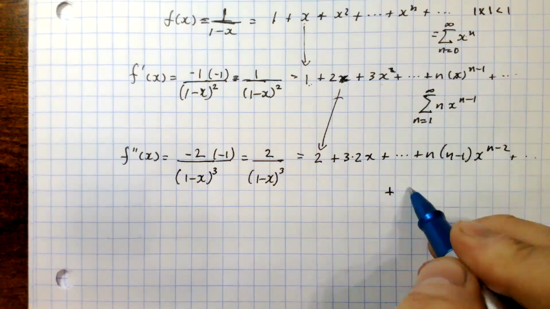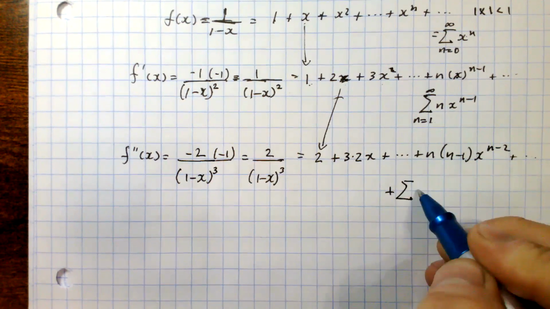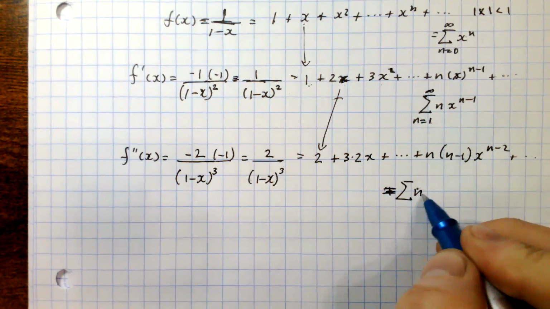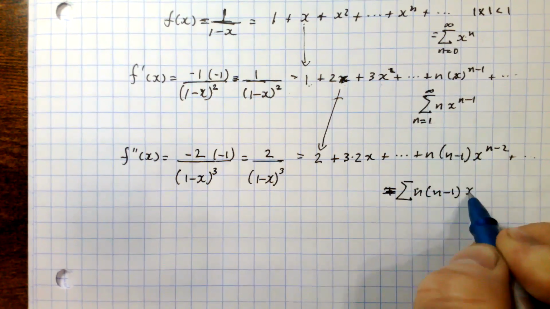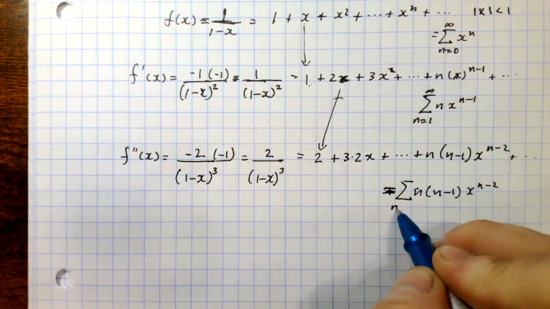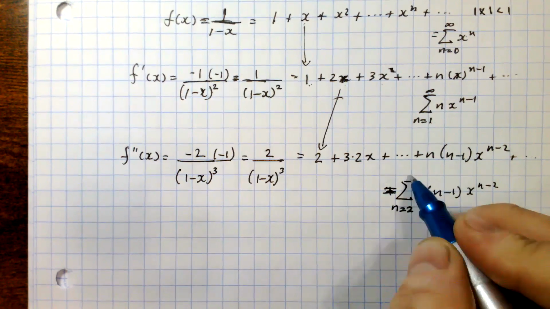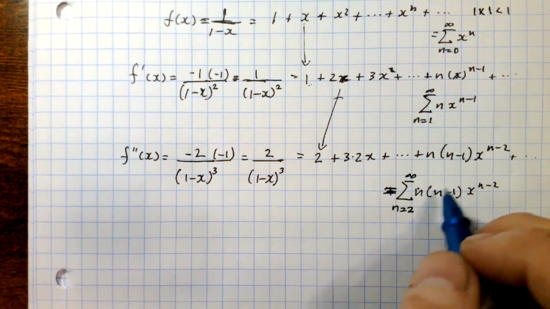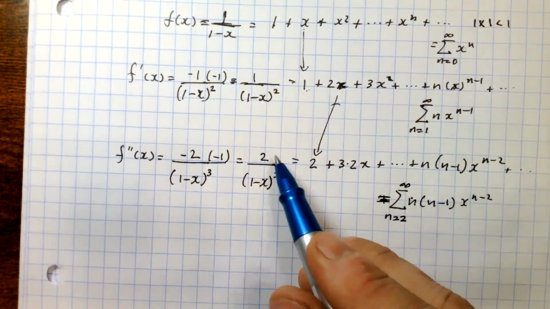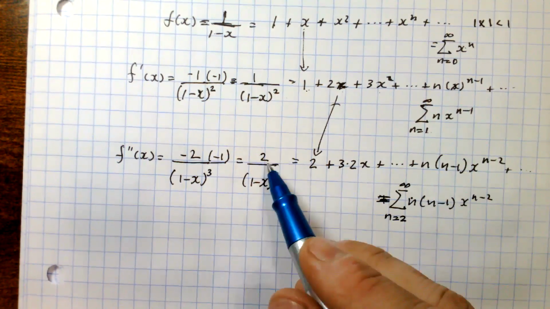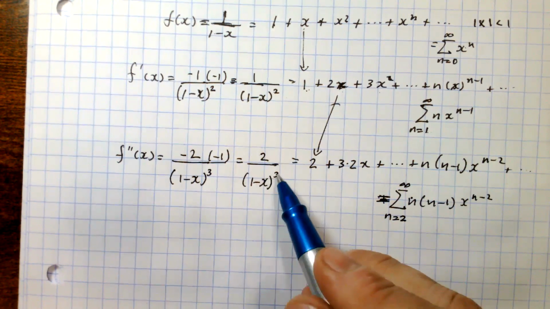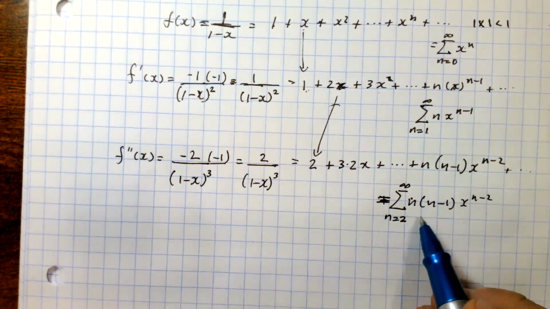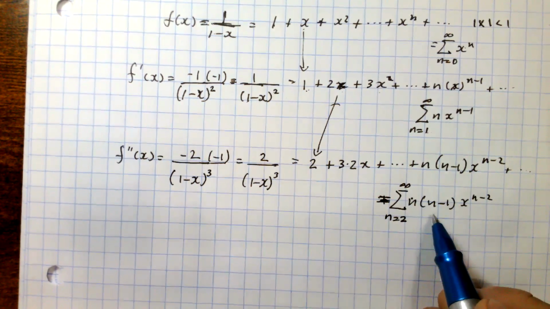So what does that look like for our nth term? Well, it's going to be the sum of n times n minus 1, x to the n minus 2, and now our series goes from n equals 2, because we've counted off 2 terms, to infinity. Okay, so notice here then that our second derivative of 2 over 1 minus x, the quantity to the third power, is equal to this sum over here.